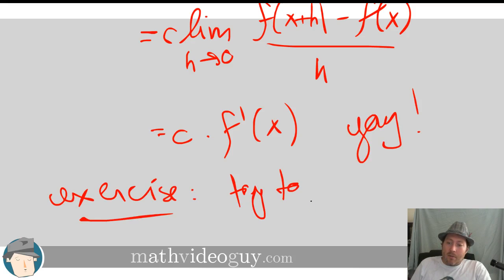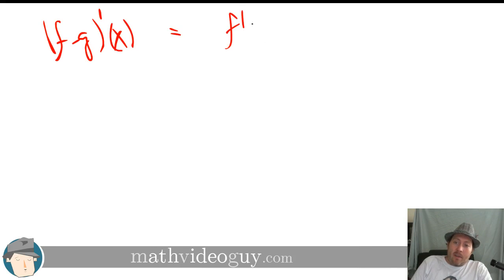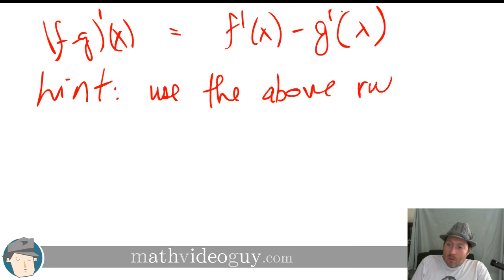Now as an exercise, try to prove that (f minus g) of x prime is equal to f prime of x minus g prime of x. And the hint: use the above rules.